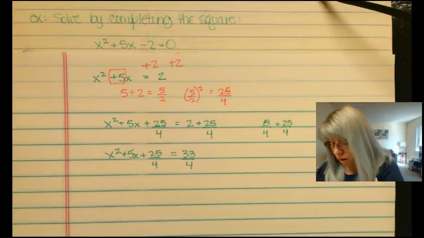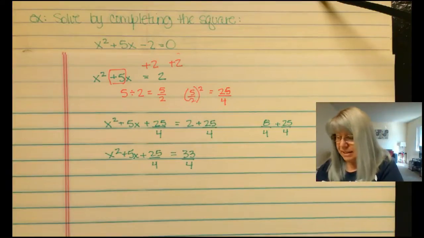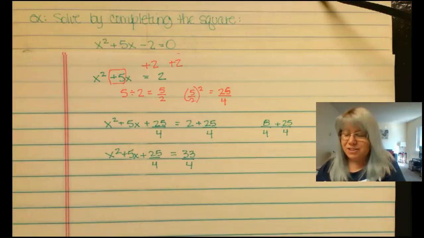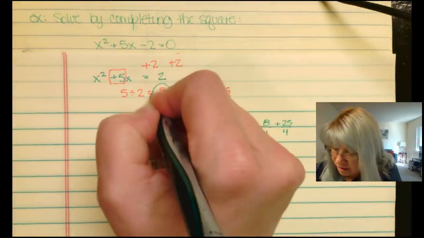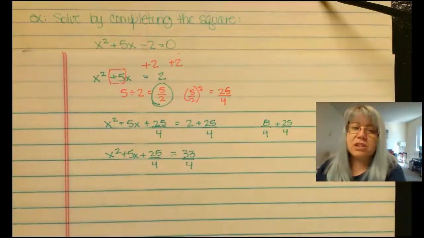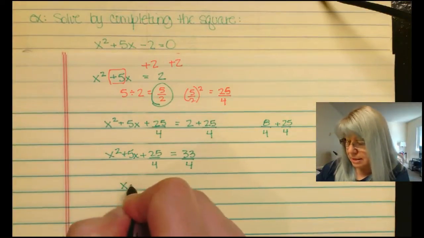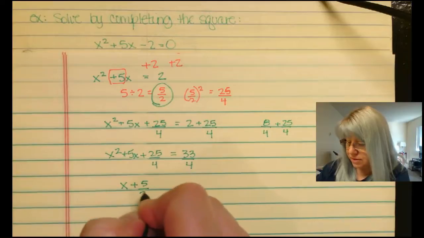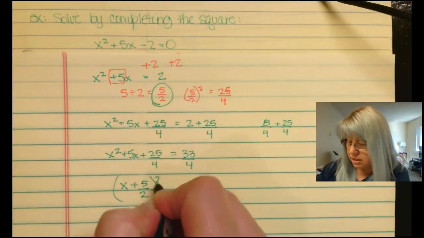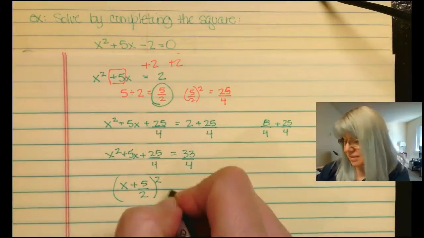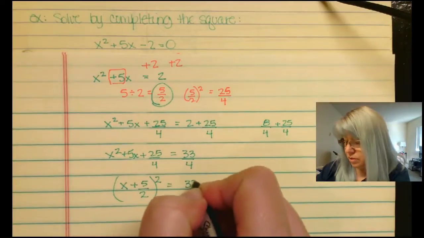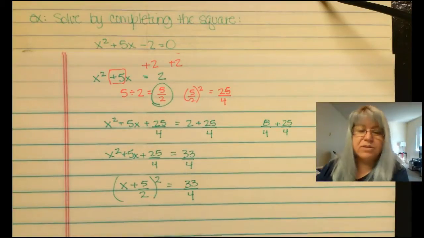It's not quite simple to see, but here's what you squared, 5 halves, so that's how you write the perfect square: x plus 5 halves, quantity squared, equals 33 fourths.